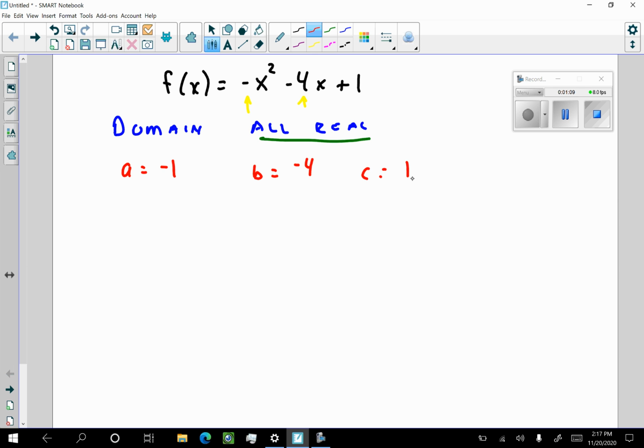Next thing I'm going to do is say, hey, this A, which is equal to negative 1, is less than 0. So the graph opens down.